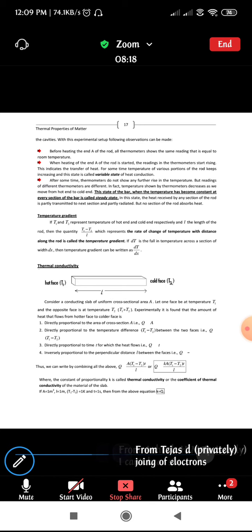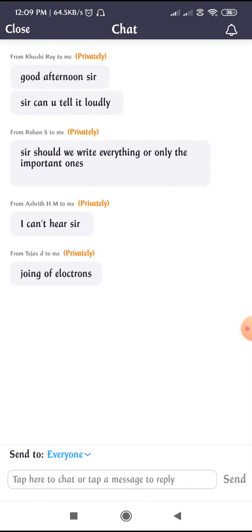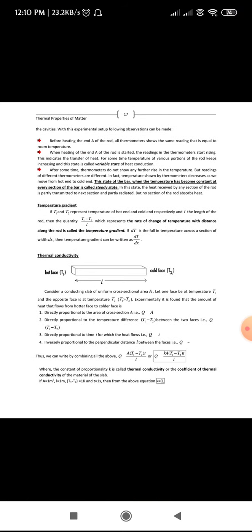Tej: it is the joining of electrons. Okay, it's not a correct answer. Next, anyone who can give a try, what do you mean by this triple point?